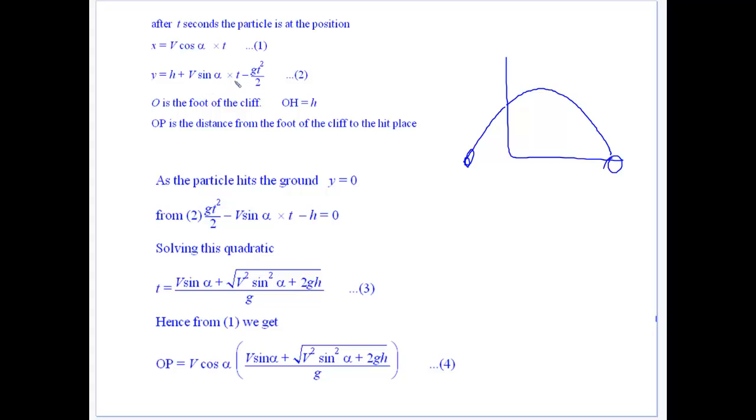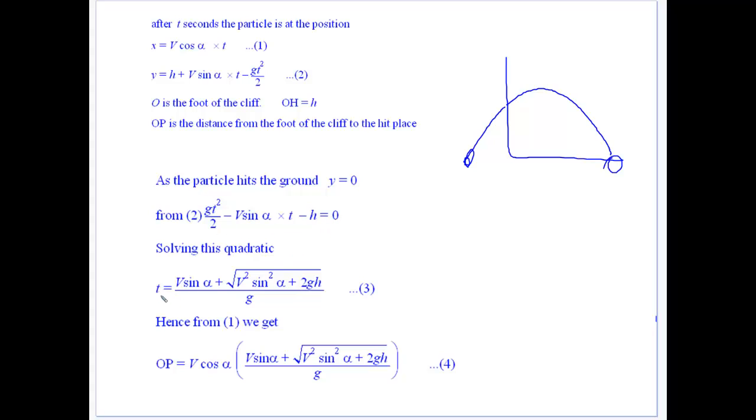So seeing O is the foot of the cliff and OH is H, OP is the distance, as we said, to the foot of the place where it hits. So we need to start establishing some of these. A particle hits the ground at y equal to 0. So we can set that equal to y there, and we establish we've got a quadratic.